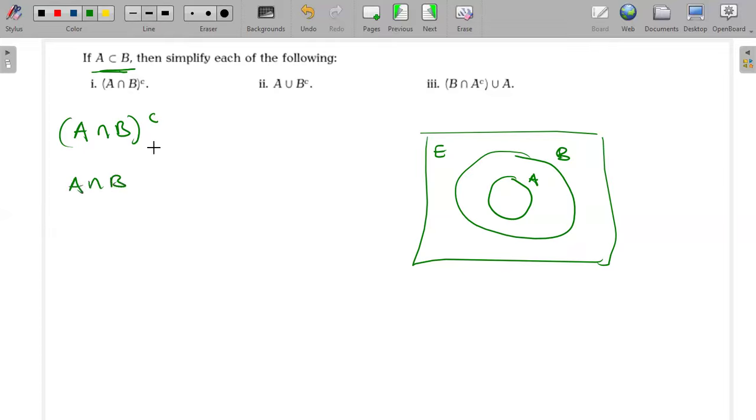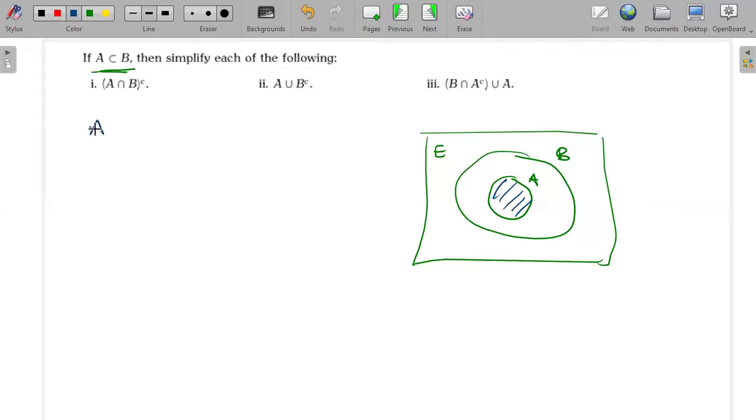You're looking at elements that are common in both A and B. Those elements that are common in both A and B are just those elements in the set A. So A intersect B is just equal to the set A. If we replace A intersect B with A, then we have A complement. So this simplifies to A complement. Okay, let's now do the next one.